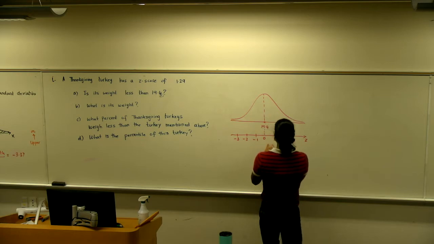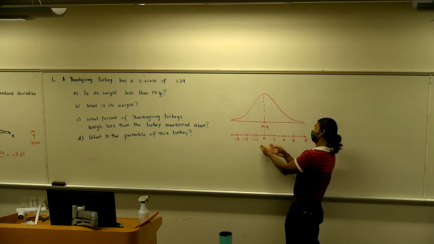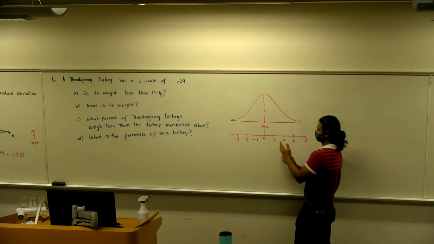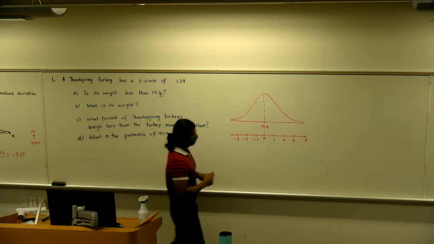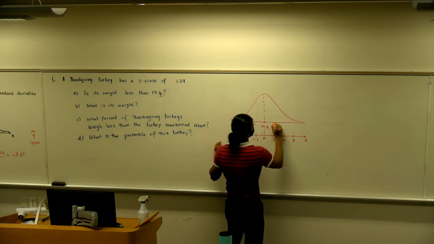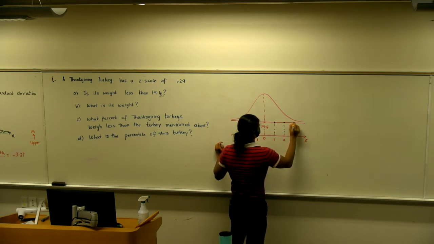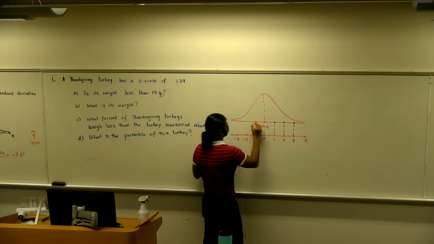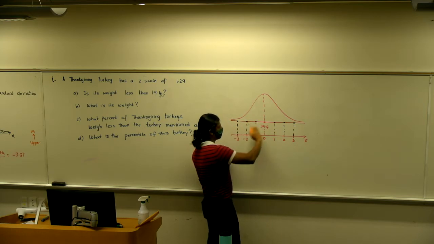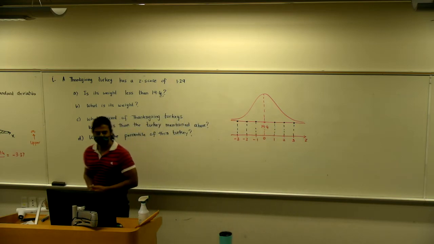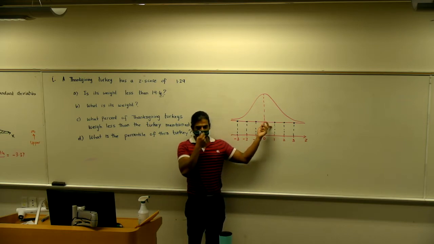So the Z-score simply tells you the number of standard deviations you're away from the mean. So I could go back to the real number line and write down all of those values. How would I find that particular value on the real number line?